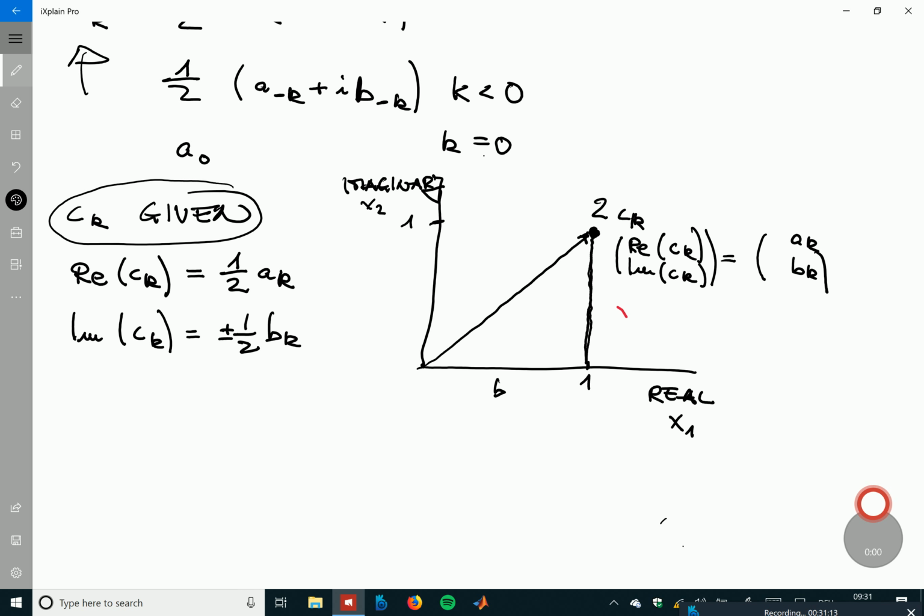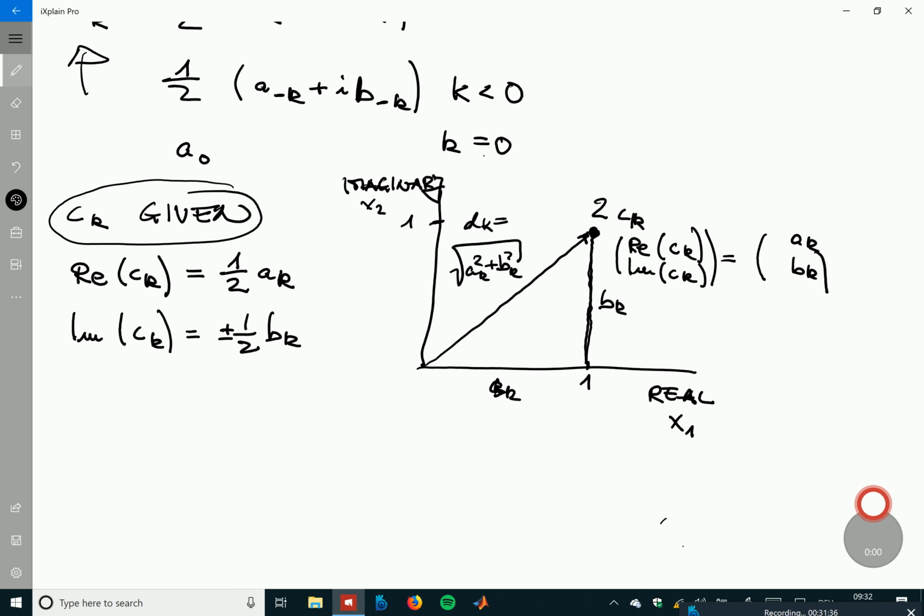The other way around, sorry: the imaginary part is bk and the real part is ak. And then, based on the Pythagorean theorem, the length here is the square root of ak squared plus bk squared, which is our dk. What is this supposed to mean?